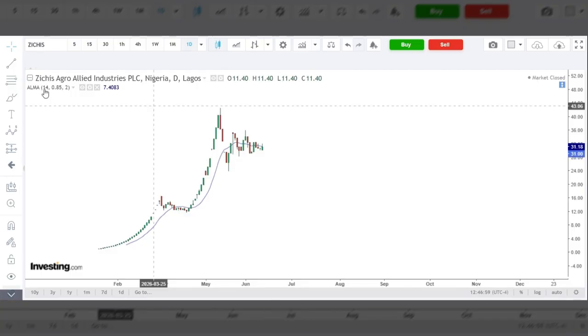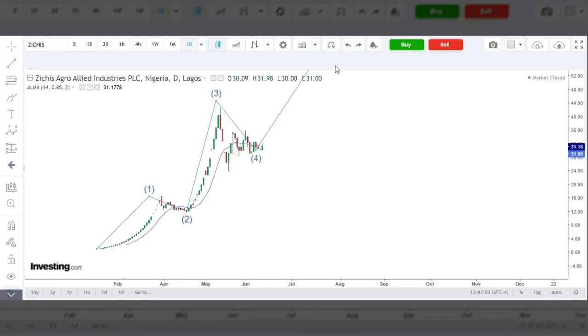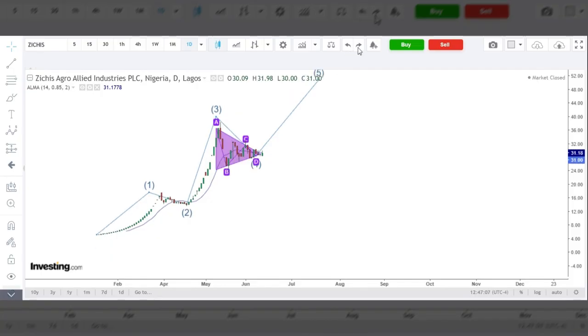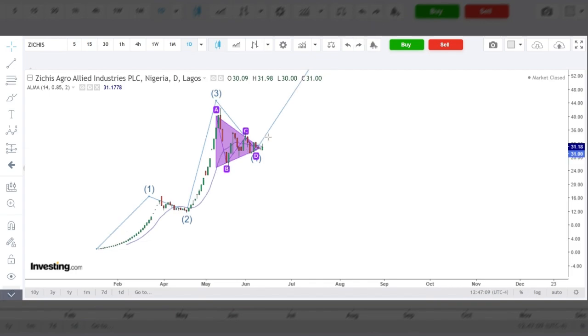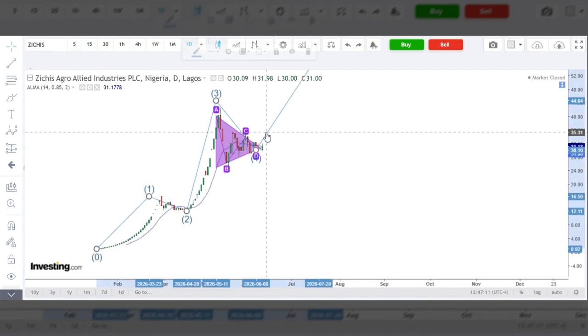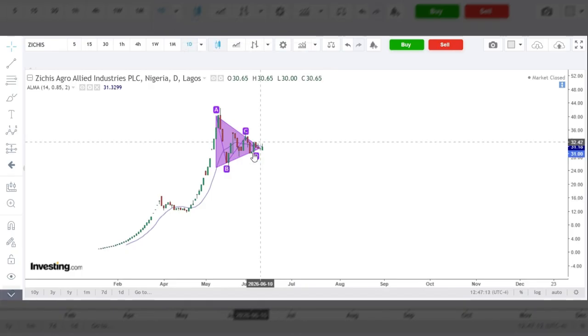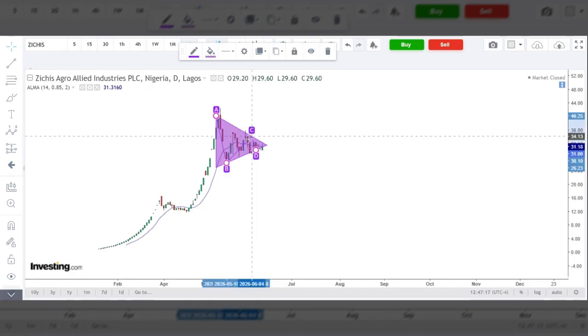And also, let me even bring back something now. Let me see. Yes. Now let's do something here. You can see that our asymmetric triangle actually tallies with this.